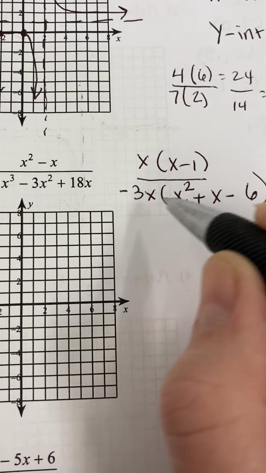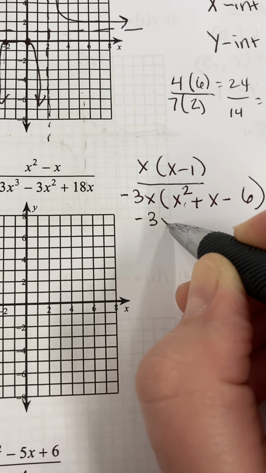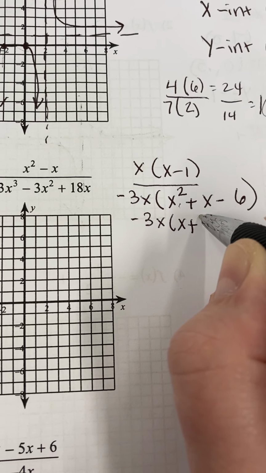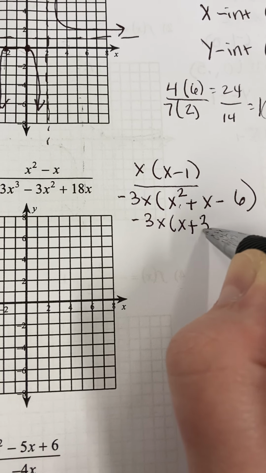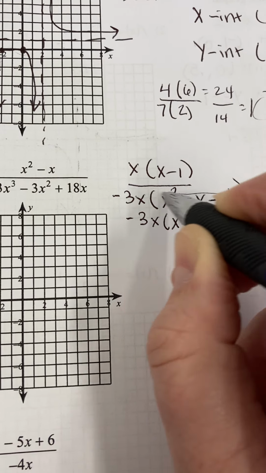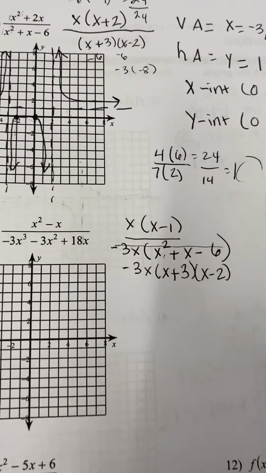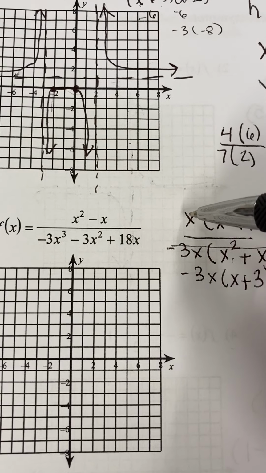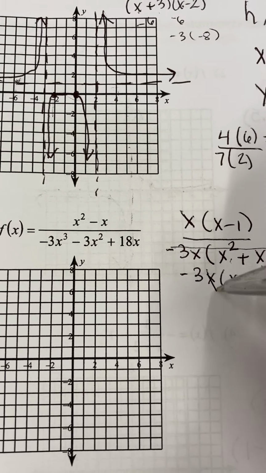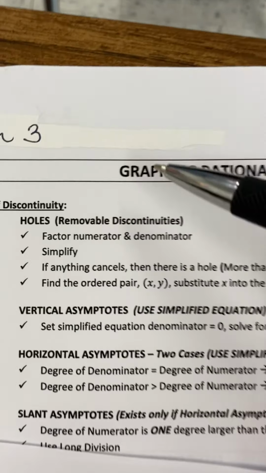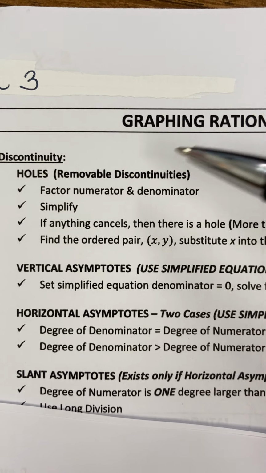All right, then I'm going to go ahead and factor this. So I have my 3x. This will become x plus 3 and x minus 2. That's what that becomes. That factors out, and because that canceled out, I am going to have a hole.